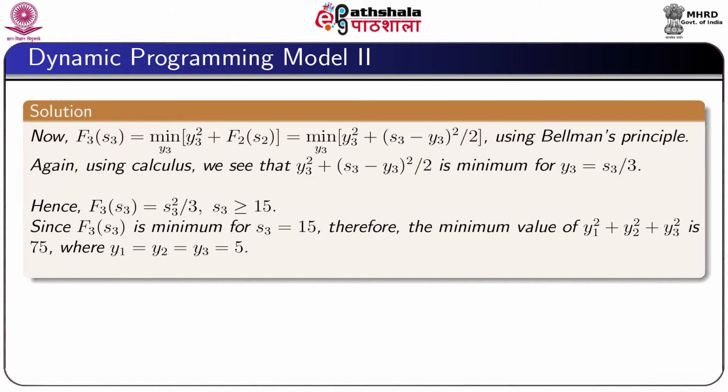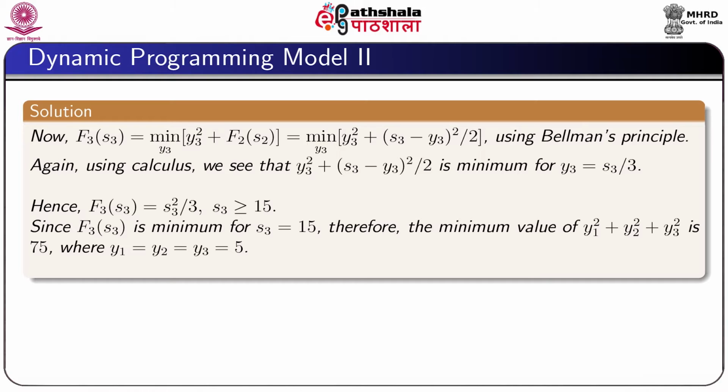Now, capital F3 S3 equal to minimum of Y3 square plus capital F2 S2, where minimum is taken over Y3, and which can be written as minimum of Y3 square plus (S3 minus Y3) whole square by 2.